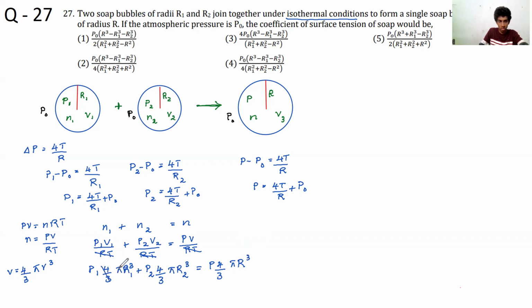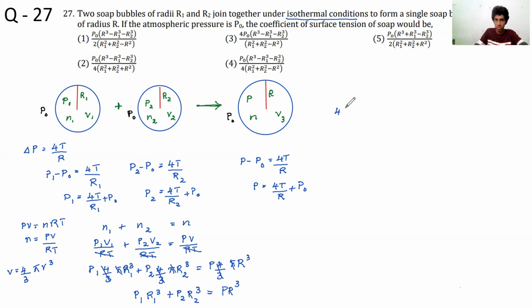So the 4 over 3 and pi terms cancel. Therefore, P1 r1 to the power of 3 plus P2 r2 to the power of 3 is equal to P r to the power of 3. Then we can replace the P1, P2, and P with these expressions.